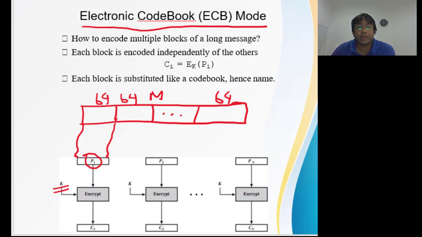The example I am giving here is for DES because DES is 64 bit, but in case of AES they use 128 bit. So if you would like to apply this for AES, your block size should be 128 bits. So block size depends on the algorithm that you are applying.